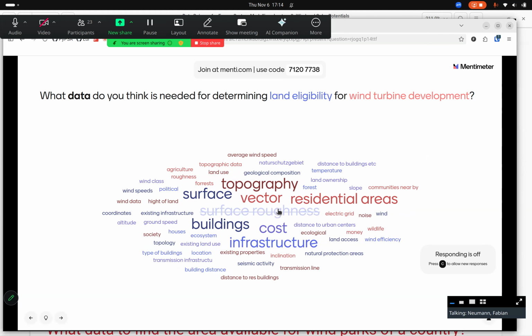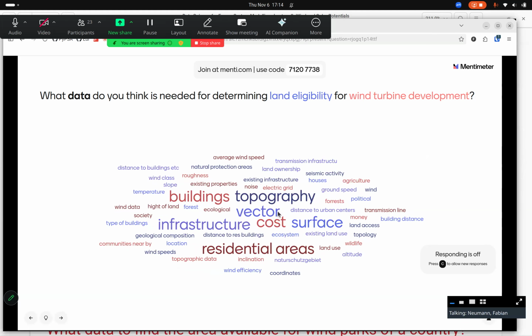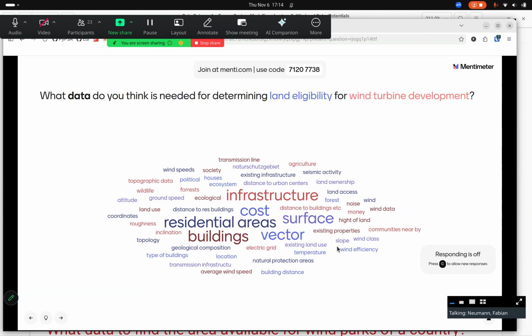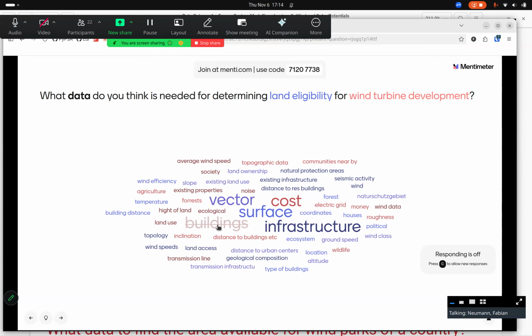So yes. As reference, I would say it's roughly in the same category as wind speeds. Topography also the same, like terrain. Buildings and residential areas, yes, that's true. So these can be exclusion areas themselves, but also the distances to them that have to be kept can create buffer areas that are excluded.